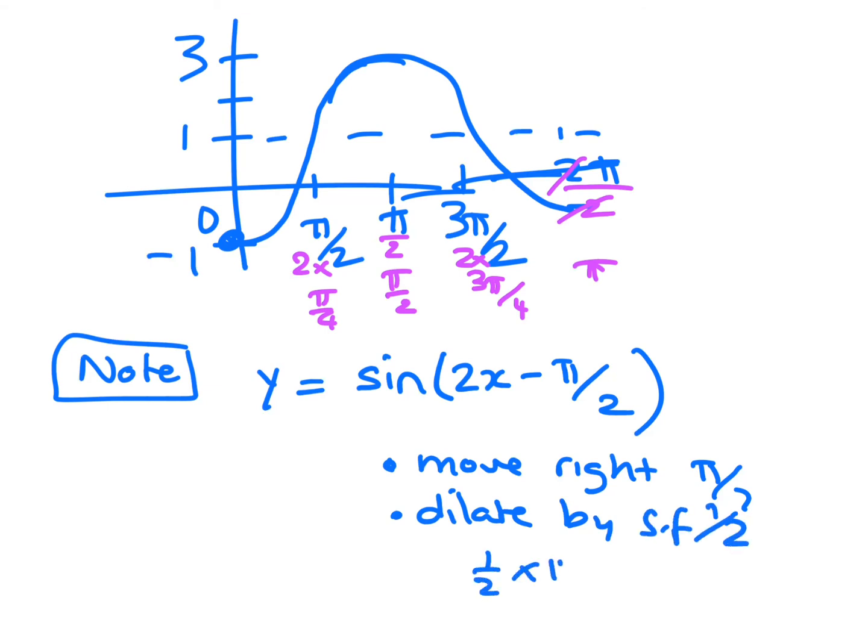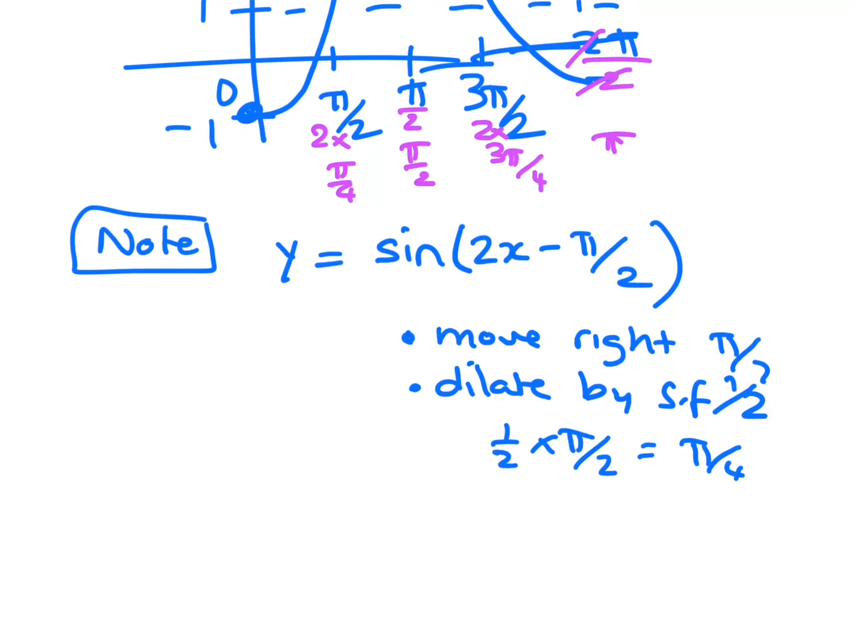Because if you did 1/2 times pi on 2, you'll get pi on 4. So that would mean you move it to the right, and then you have to divide by the 2 to get the x.